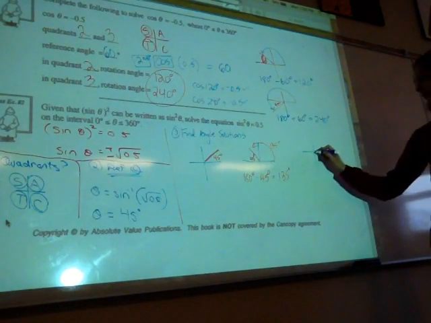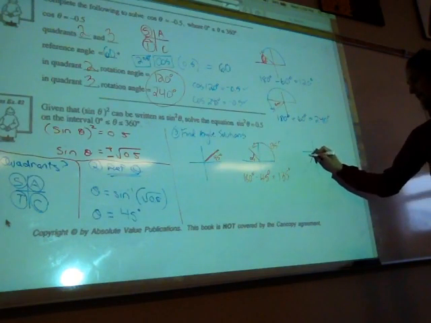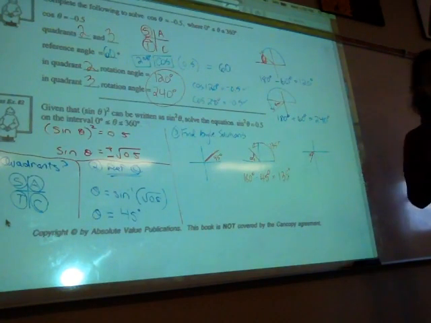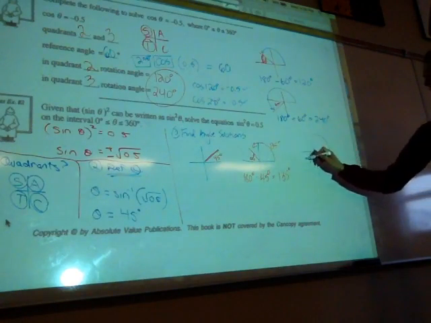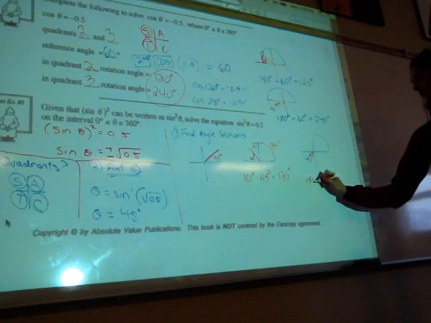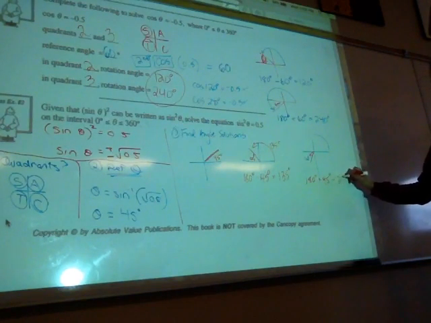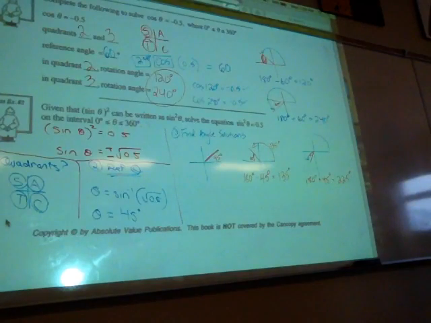In quadrant 3, we're going to apply our reference angle here, and we need to figure out our rotation angle to that terminal arm. So the calculation will be 180 degrees plus 45 degrees, and we get 225 degrees.